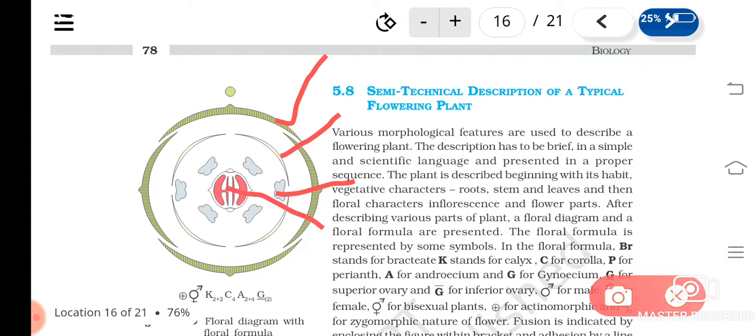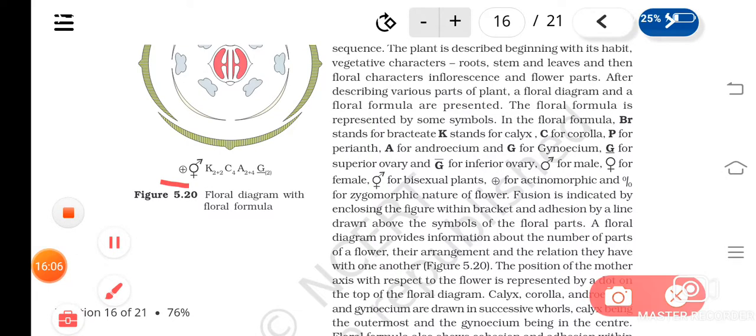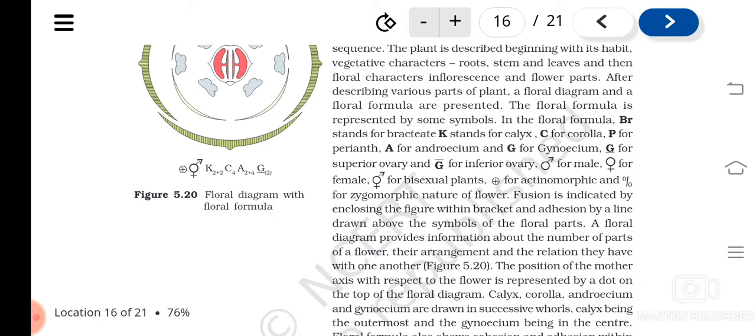So that same thing you can explain with the help of certain symbols, like actinomorphic, we can use this symbol, and then bisexual. Calyx is represented by K, corolla by C, androecium by A, and gynoecium by G. And if the numbers are put in brackets, it means they are gamosepalous or gamopetalous, or if the androecium is monadelphous, then you write the number in brackets, understood?